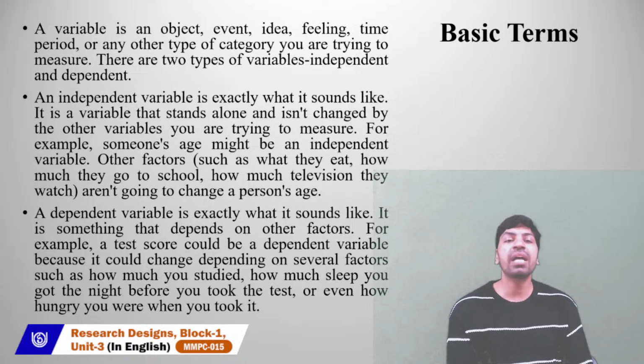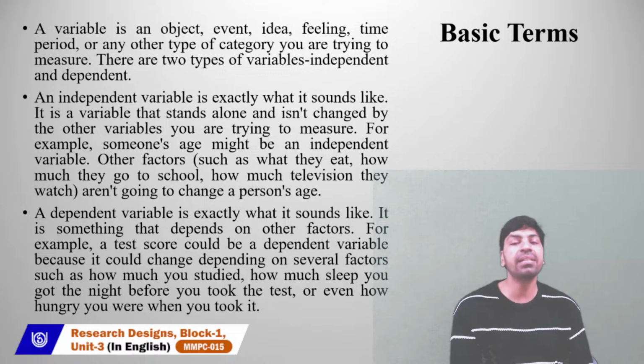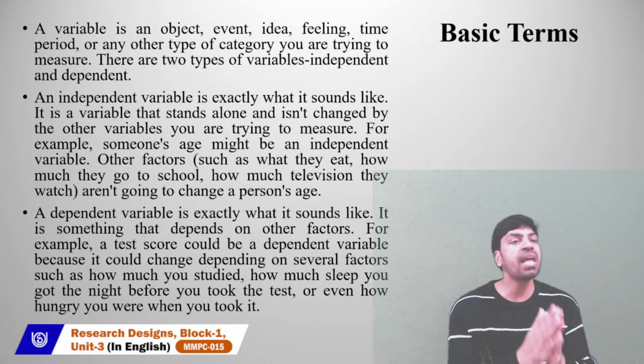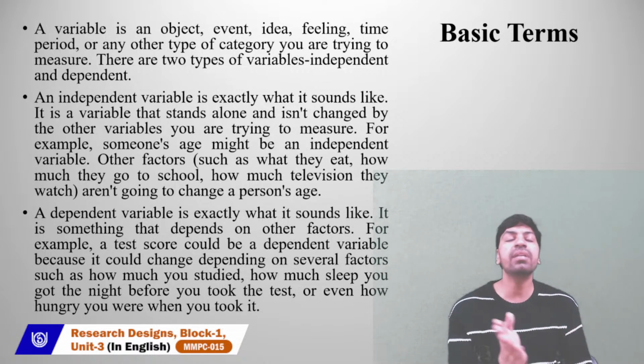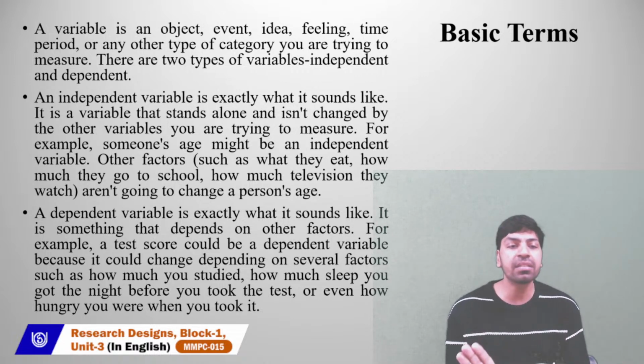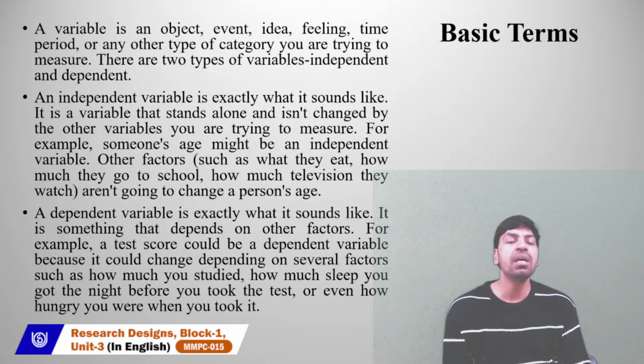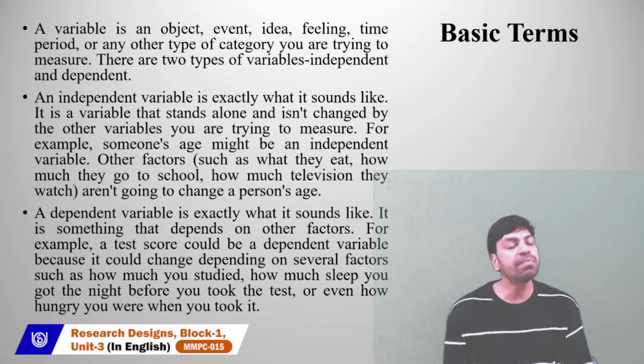Variables are classified into two main categories: independent variables and dependent variables. An independent variable, as it sounds, stands alone and is not influenced by any other factors or variables the individual is trying to measure.